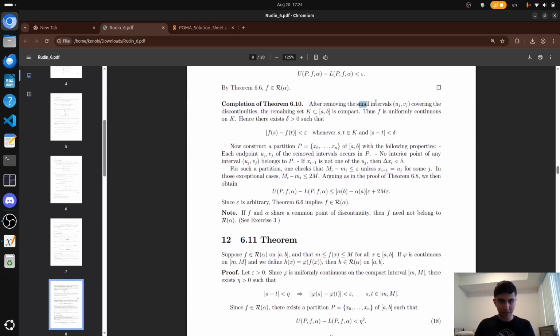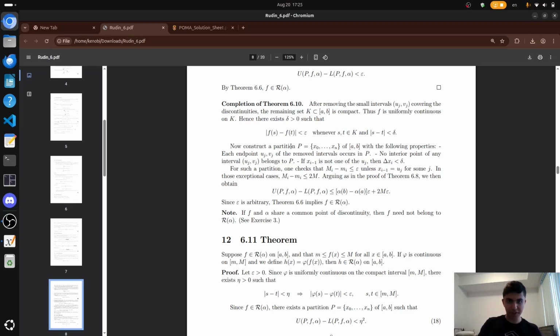So after removing the small intervals (u_j, v_j) covering the discontinuities, the remaining set K in [a, b] is compact. Then f is uniformly continuous on K. Hence there exists delta greater than 0 such that |f(s) minus f(t)| is less than epsilon whenever s, t are in K and |s minus t| is less than delta.